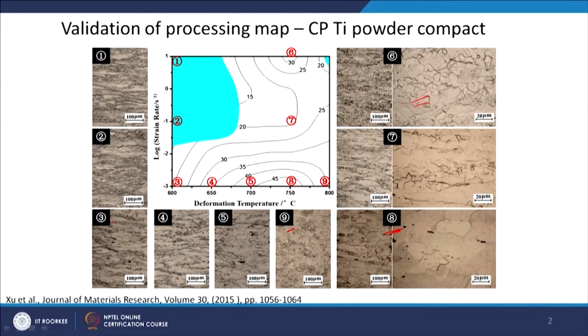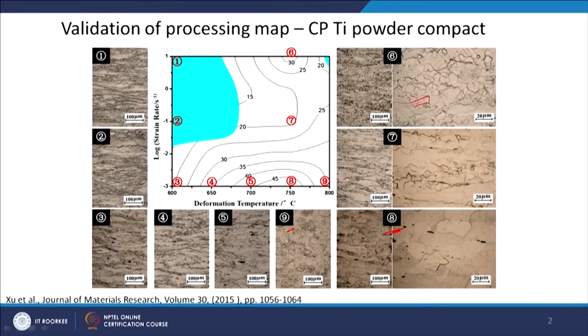Whereas, if you see the 1 and 2 here, you can see that there are some flow localization has taken place. You can see some big elongated coarse grain and then some very dark bands kind of thing. So, this usually happens because of the flow localization.